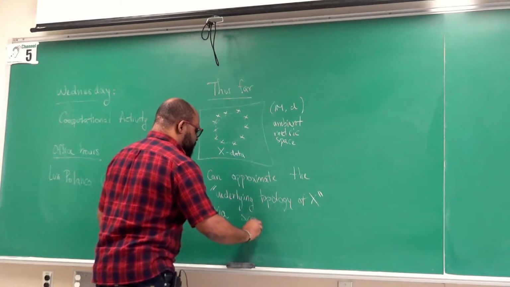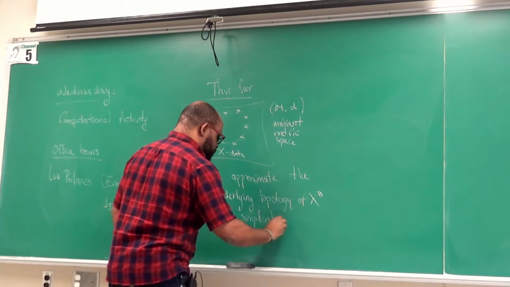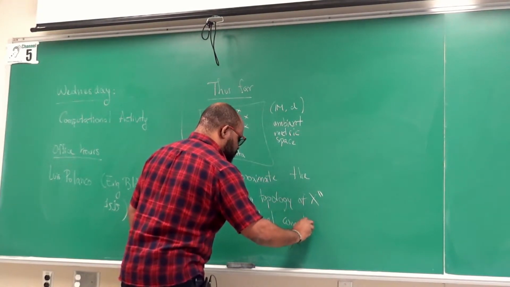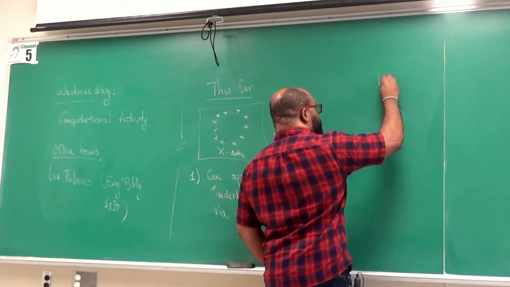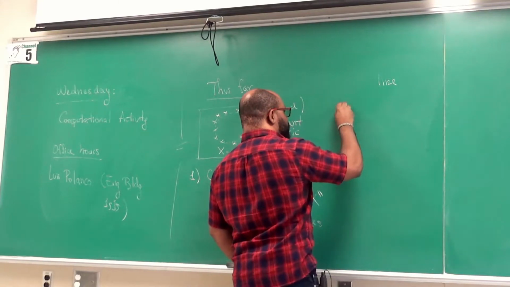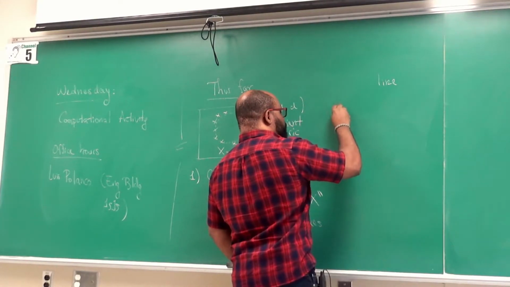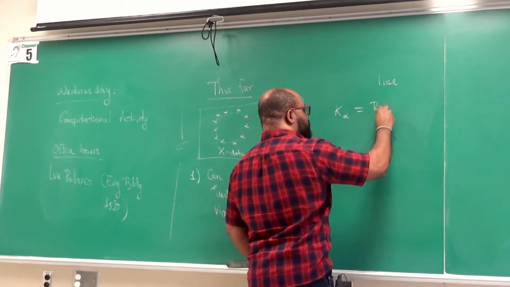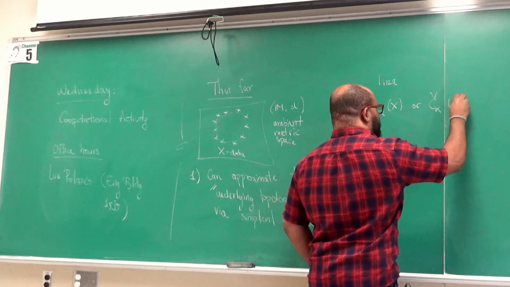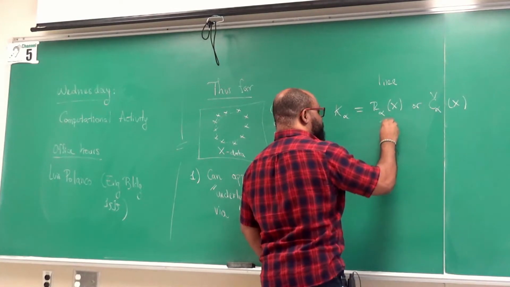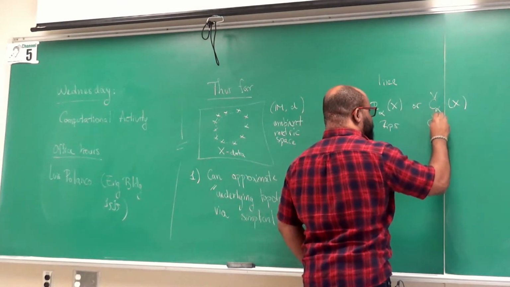Okay? So we can approximate the underlying topology of X via simplicial complexes, like, you know, the Rips complex of the data or the Čech complex of the data. So here we have Rips, here we have Čech.